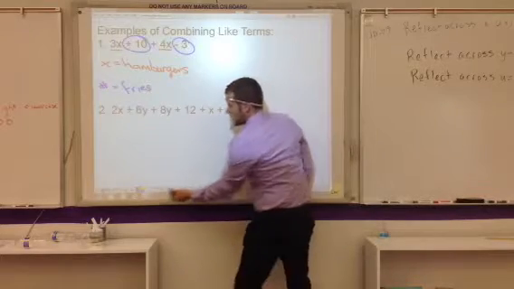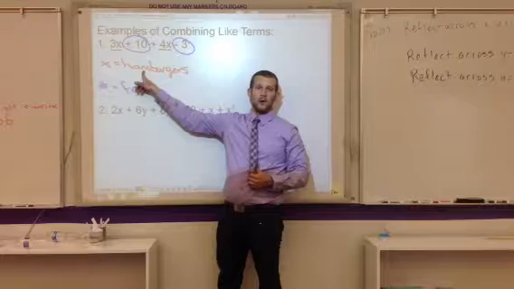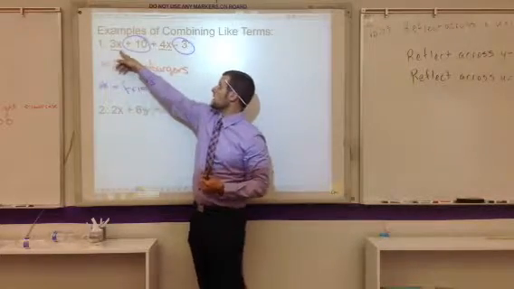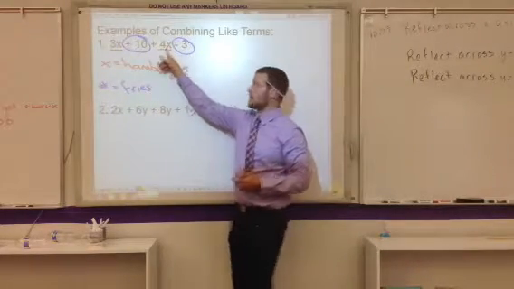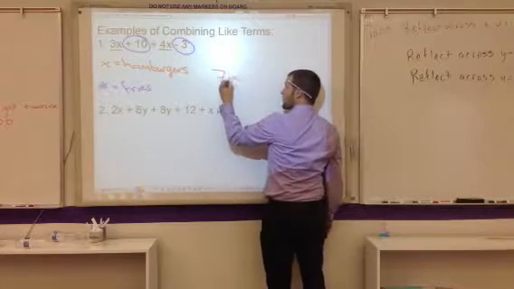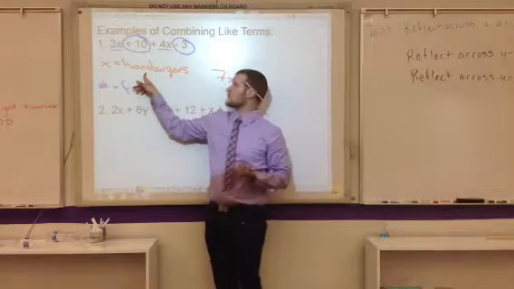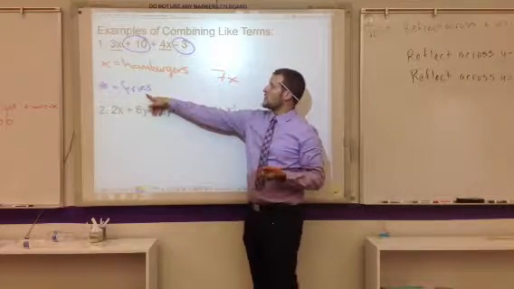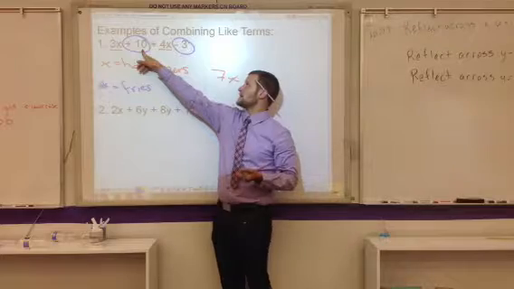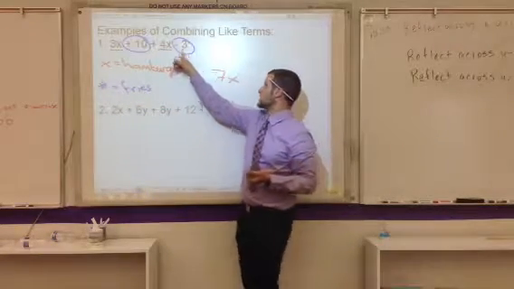So, in total in this problem, how many hamburgers did I want? Well, I wanted 3 hamburgers here and 4 more hamburgers here for a total of 7 hamburgers, because x is our hamburgers. How many fries did I want? Well, I had 10 fries, and then I want to take away 3 of those fries, for this -3.